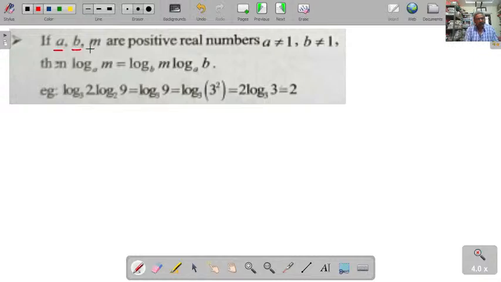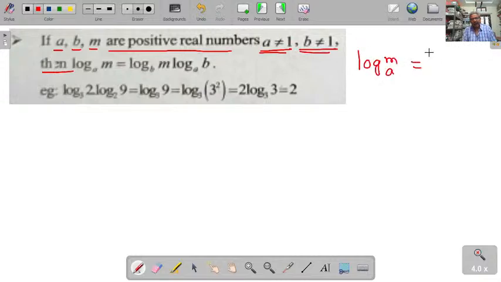A, B, M are positive real numbers, A does not equal 1 and B does not equal 1. Then logarithm of M to the base A is equal to logarithm of M to the base B multiplied with log B to the base A. This is called the change of base rule. Here a new base B has been introduced.